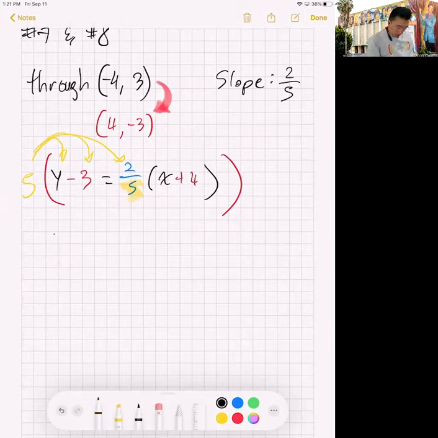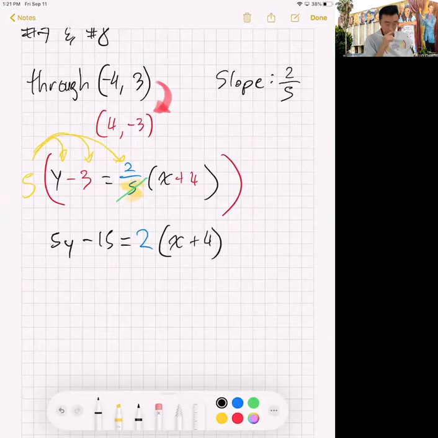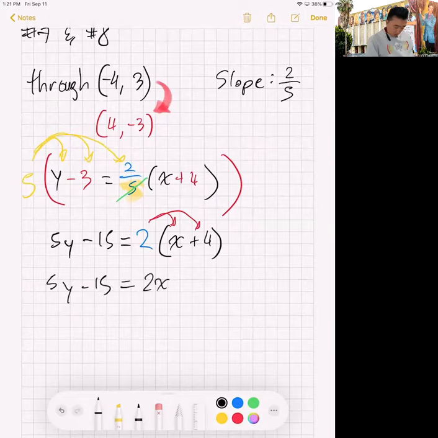So it becomes 5y minus 15 equals 2. And again, the beauty of this is that the 5 disappears, which leaves you with just the 2x plus 4. And that's how you get rid of that denominator. We're going to distribute: 5y minus 15 equals 2x plus 8.